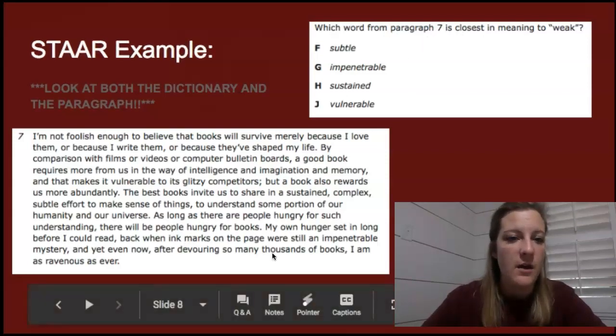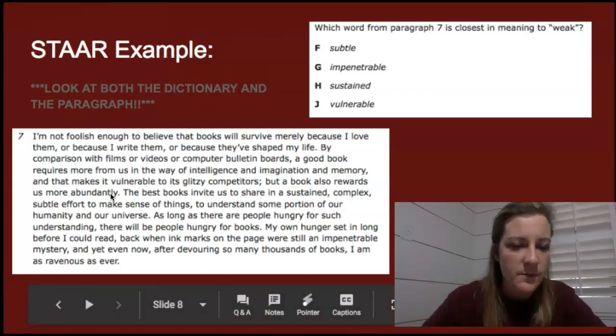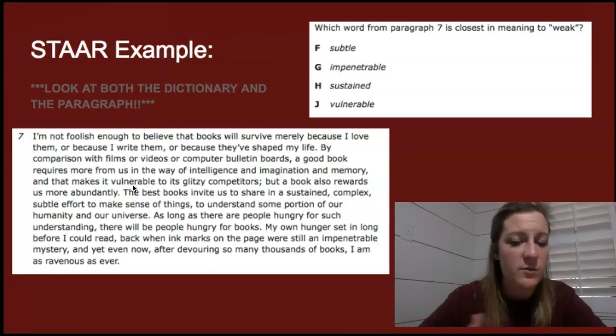Okay. So we're looking for the word subtle. Okay, so here's the word vulnerable. So let's look at that. A good book requires more from us in the way of intelligence and imagination and memory, and that makes it vulnerable to its glitzy competitors. But a book also rewards us more abundantly.